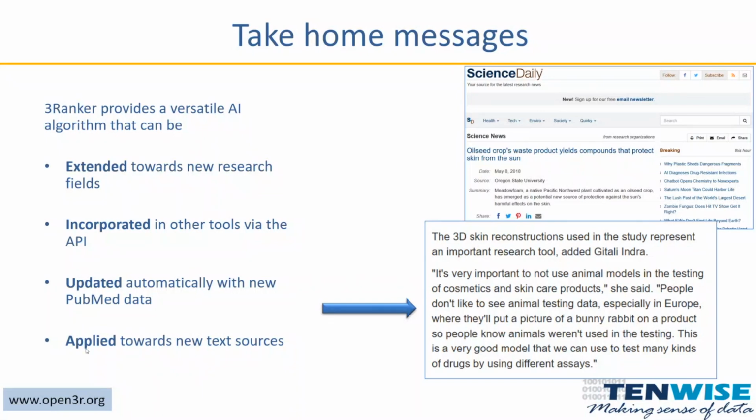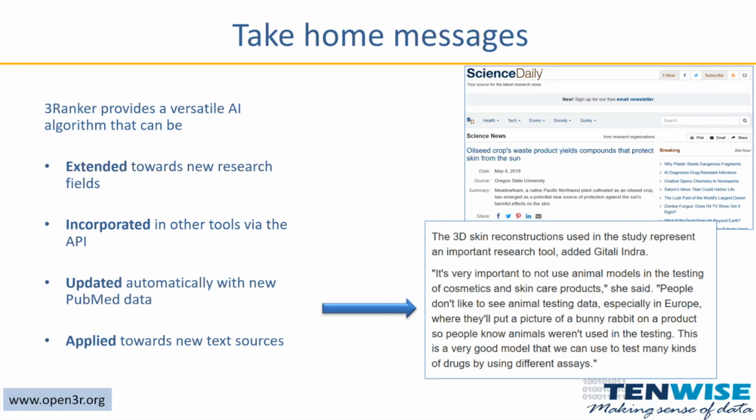And the interesting part, I think, that I did not yet dwell on too much is that it can be applied towards new text sources, because we have a model that is capable of scoring any kind of text. We just use it on PubMed, but it can be used on any kind of text.